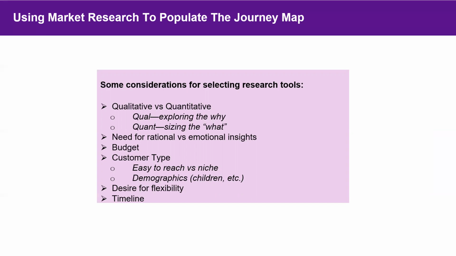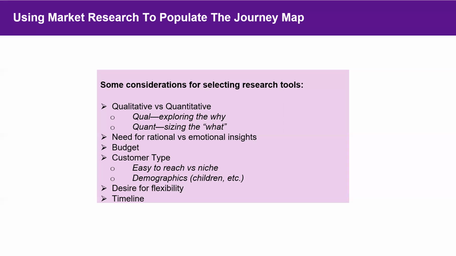Quantitative research might be more appropriate. Again, do we need rational insights, the reasons to believe? Is it about price or function versus emotional needs, the actual emotional benefit? This gives me a brand badge, or this gives me nostalgia. What types of needs and what types of things we're hoping to identify there will help inform what types of research.